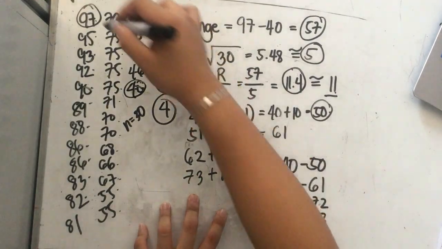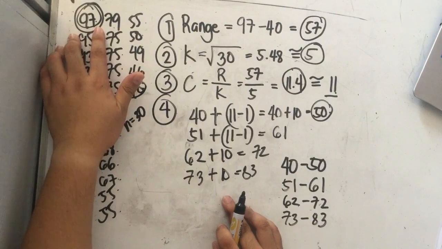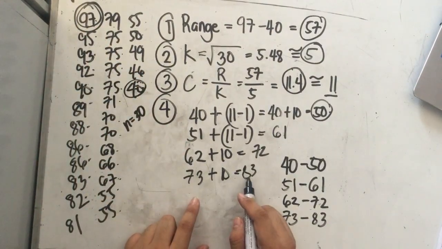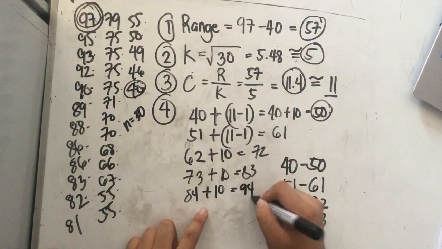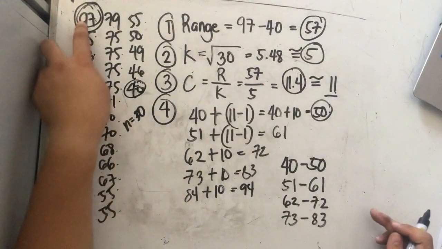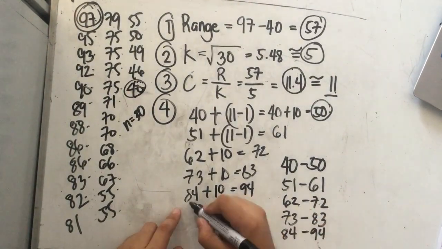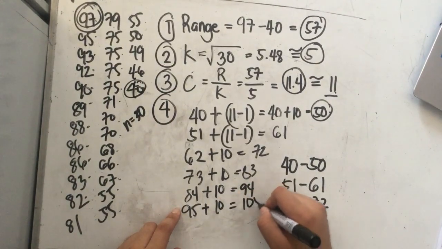So titigil lang tayo hanggat yung interval natin pwede nating makater si upper limit, which is 97. Okay, so 83, then we have 84 plus 10 is equal to 94. So mas malaki pa rin yung upper limit natin, so continue lang natin. Then we get 95 plus 10, we have 105.